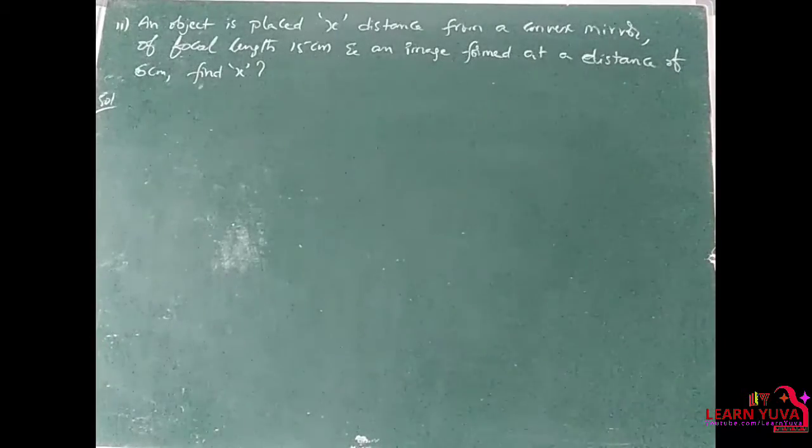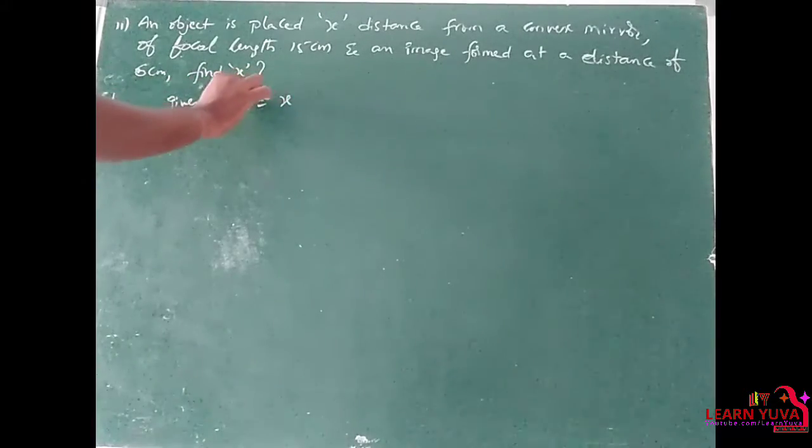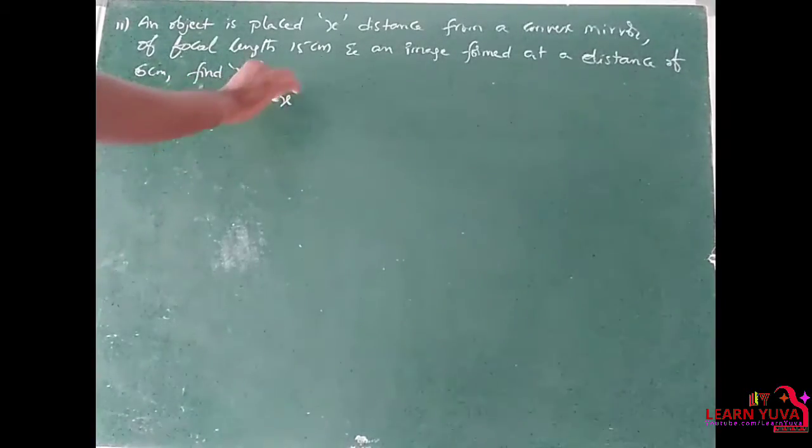The given question is, an object is placed x distance from a convex mirror of focal length 15 centimeters and an image formed at a distance of 6 centimeters. Find x. So the mirror given is a convex mirror. So given u is equal to x, we have to find out x.